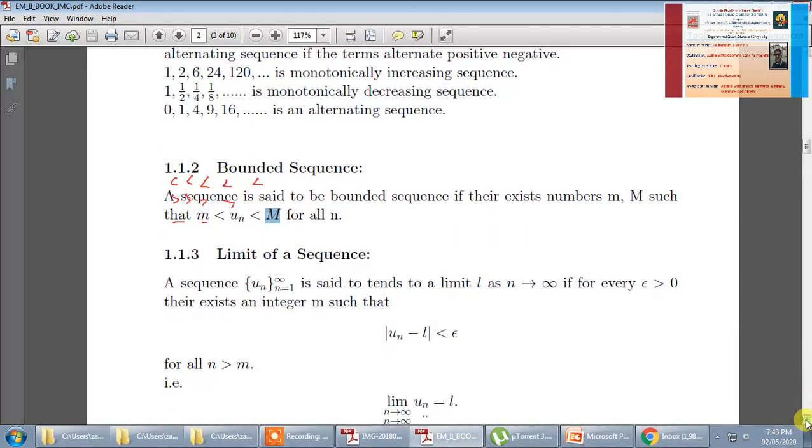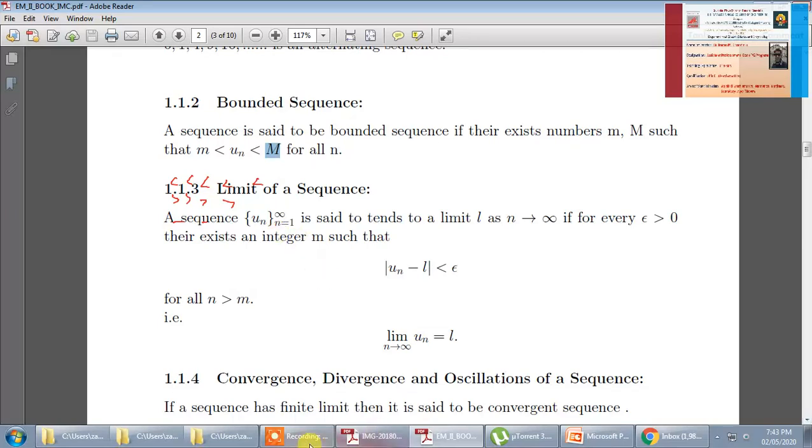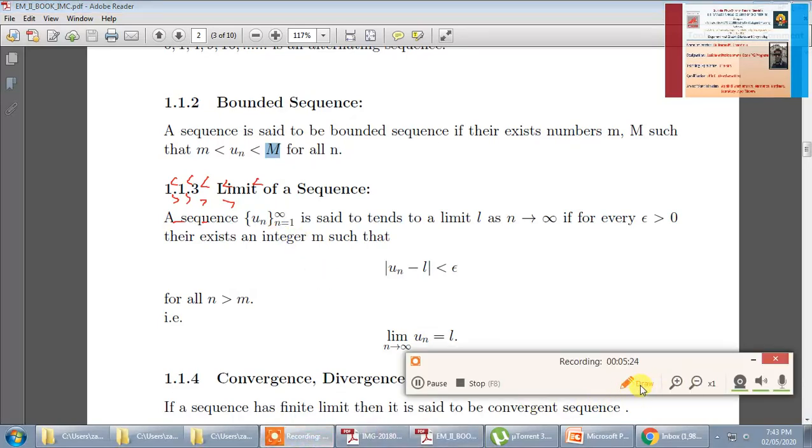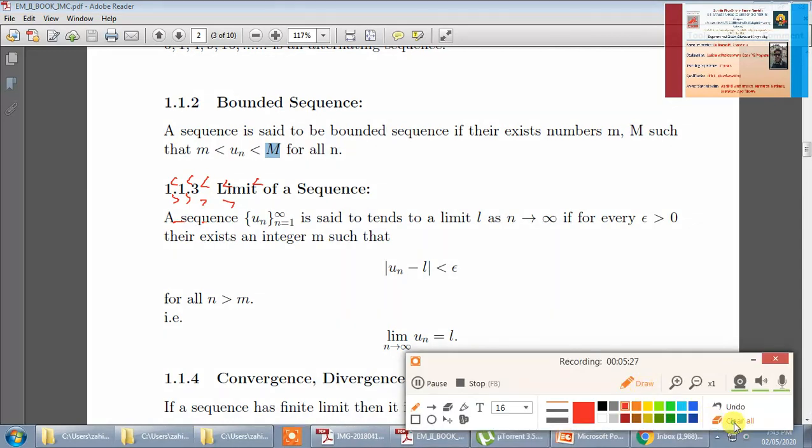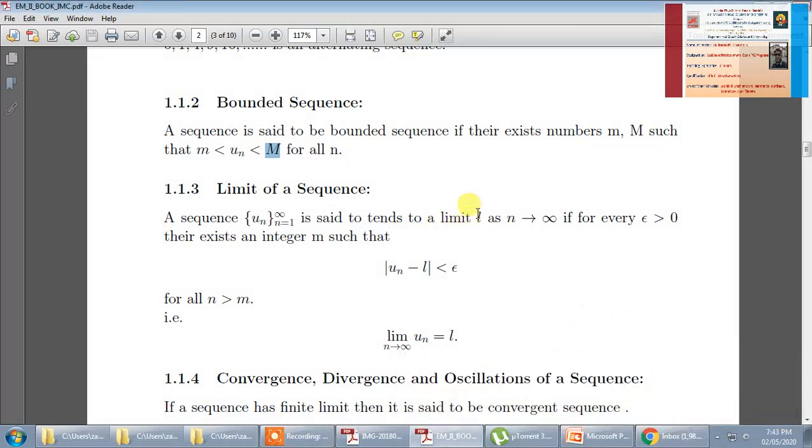Now let us see what is the limit of a sequence. A sequence un, from 1 to infinity, is said to tend to a limit L as n tends to infinity if for every epsilon greater than 0 there exists an integer m such that the modulus, which means the difference between the elements of un and L, is less than epsilon.